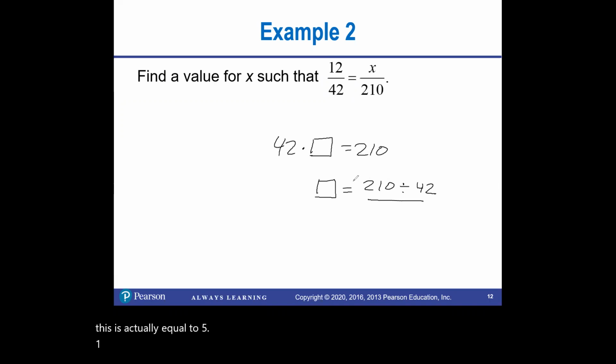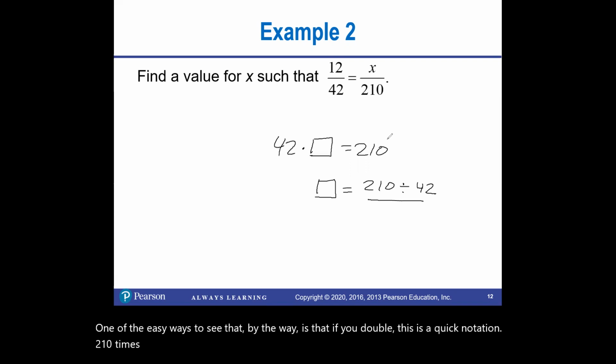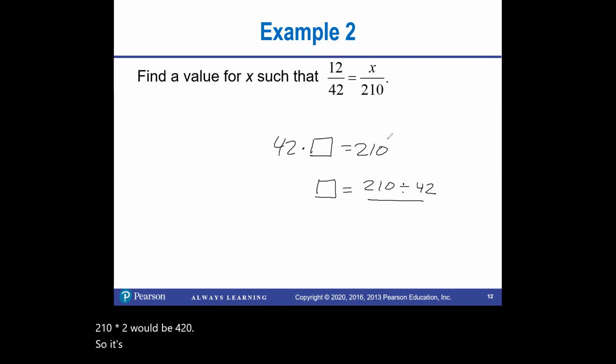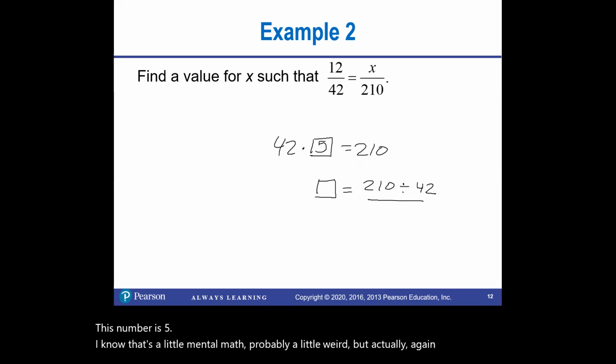One of the easy ways to see that, by the way, is that if you double, this is a quick notation, 210 times 2 would be 420. So it's half of 10 times 42. Well, half of 10 is 5, so thus this number is 5. I know that's a little mental math, probably a little weird, but that's manipulating things to our advantage.